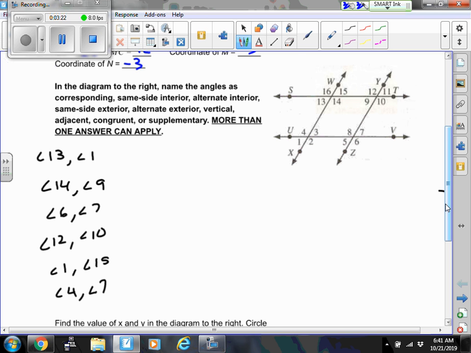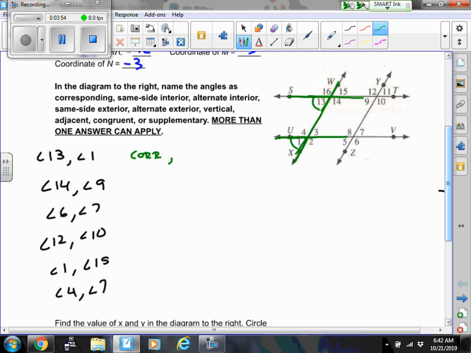So again, this is where we trace, extend, and establish a pattern. We really don't necessarily need the pattern if we just trace and extend, I think. So 13 and 1, extend, extend, extend. 13 and 1 are corresponding, and you can abbreviate that just C-O-R-R if you'd like.